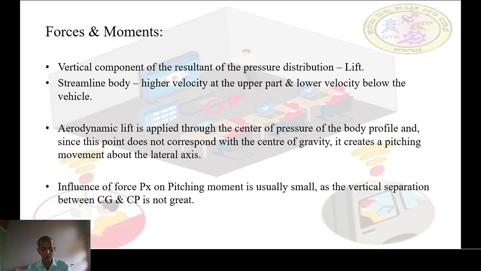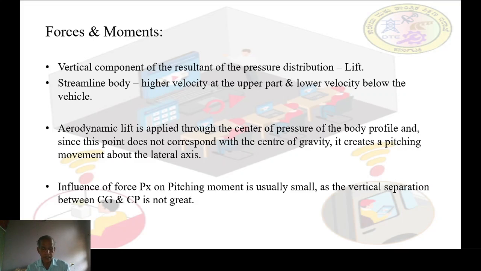Pitching movement is usually negative, the nose will be down, your front portion will be down. Lift force on the rear axle lifts the rear axle off the ground, which leads to further loss of traction.